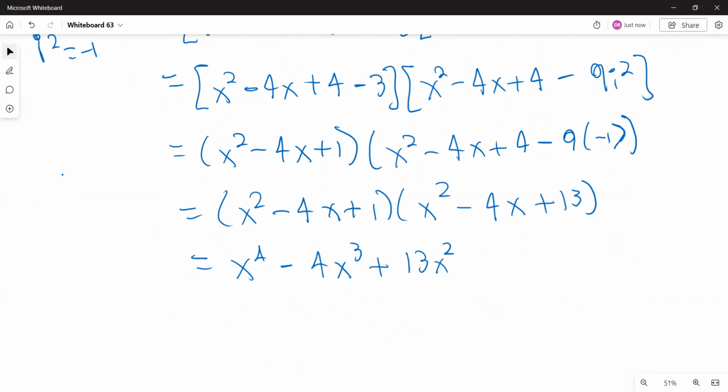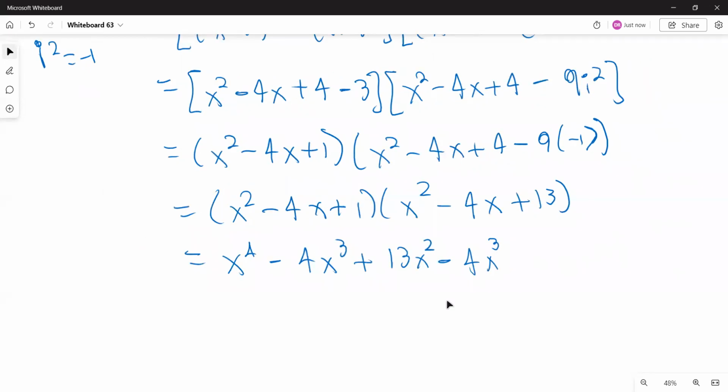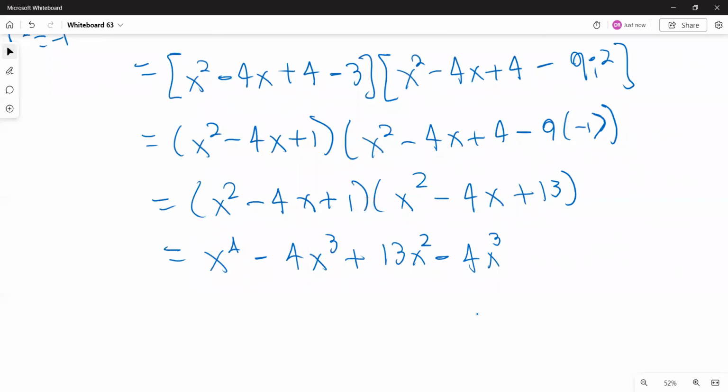The opposite of 4x times the second polynomial is minus 4x cubed plus 16x squared minus 52x. And 1 times the second polynomial is x squared minus 4x plus 13.